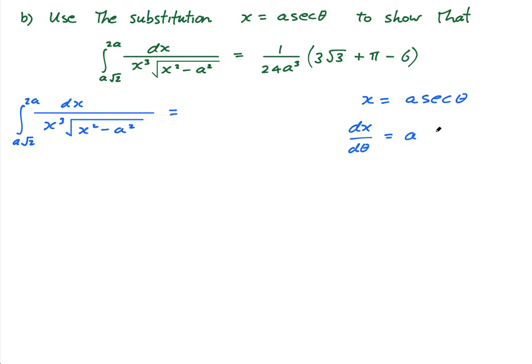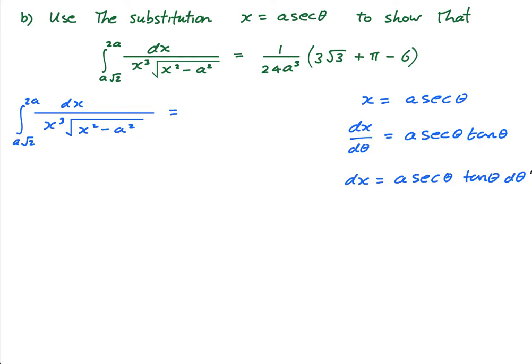It's sec theta tan theta. So that's a sec theta tan theta. Straight from the formula booklet. Fine. And I can rearrange this and say dx is equal to a sec theta tan theta d theta.